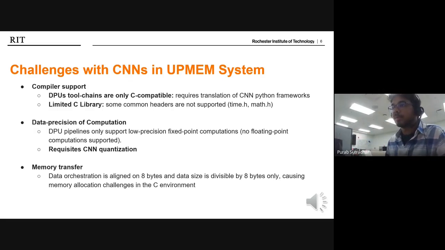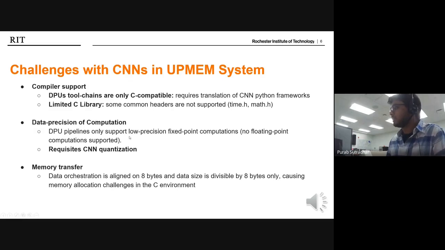Another interesting challenge that came up during the work was that the data orchestration is done in 8-byte granularity. So we had to align all data in 8-byte blocks, which we eventually overcame, but it was a bit interesting in the beginning.